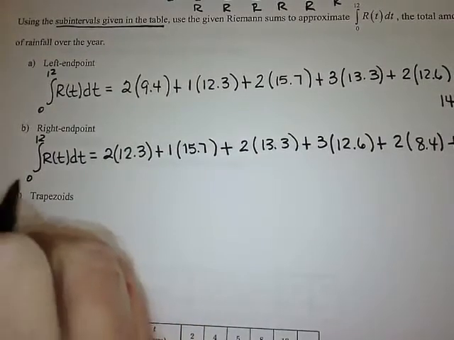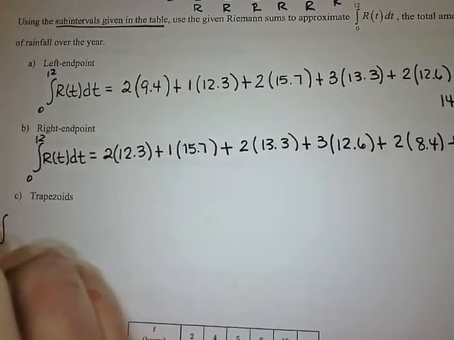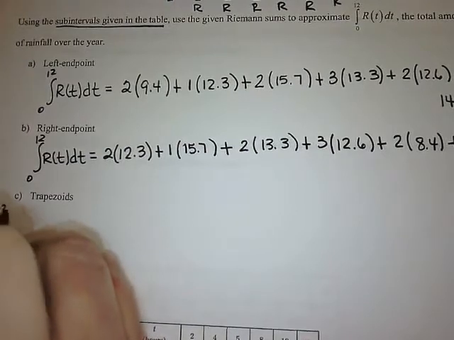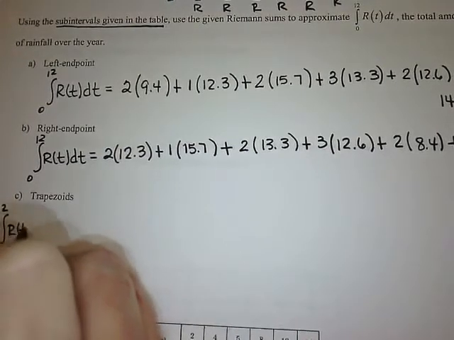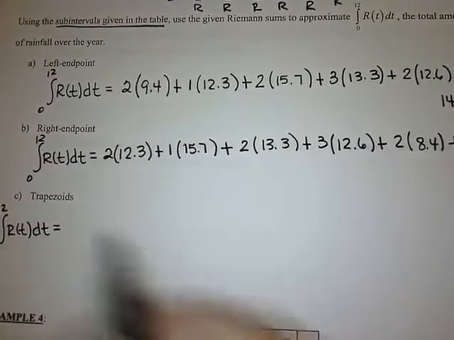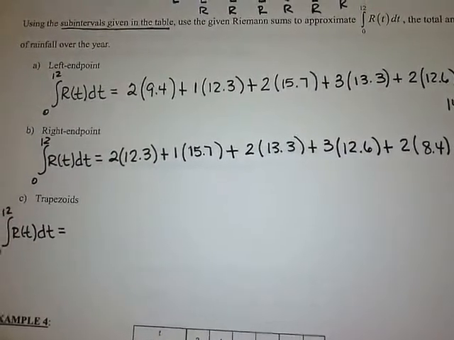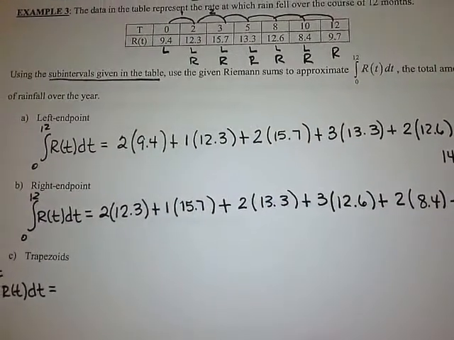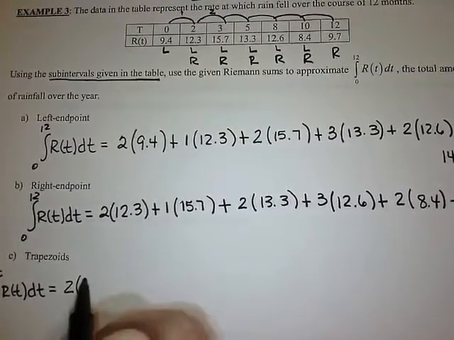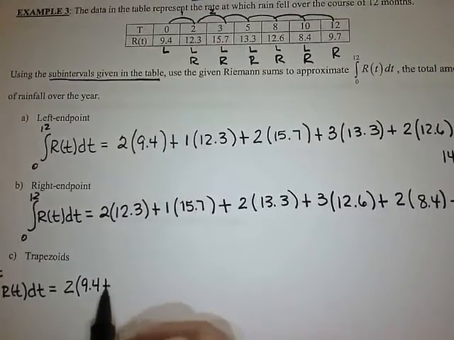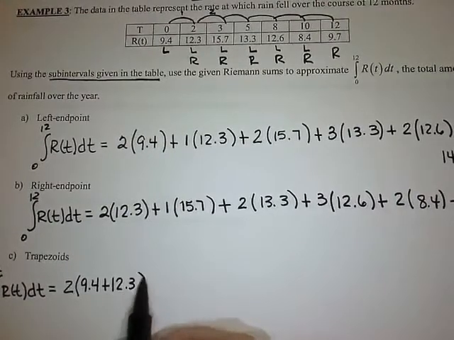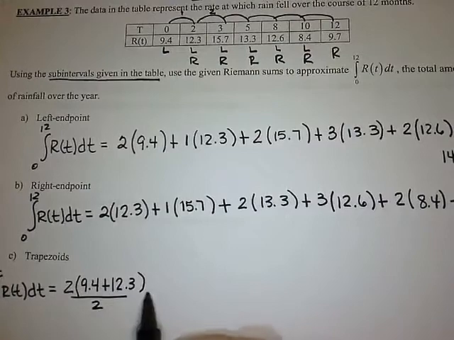So I have the area from 0 to 12 of R(t) dt. Okay, so the first trapezoid is going to have a height of 2. Base 1 is 9.4 plus 12.3, all divided by 2.